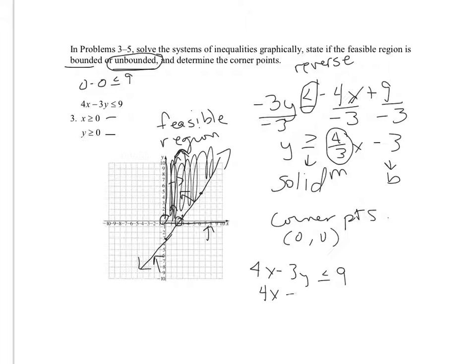So if I put in 0 for y, 3 times 0 is 0. And if 4x is less than or equal to 9, when I divide each side by 4, that's going to give me an x value of 9/4, comma, my y value is 0.